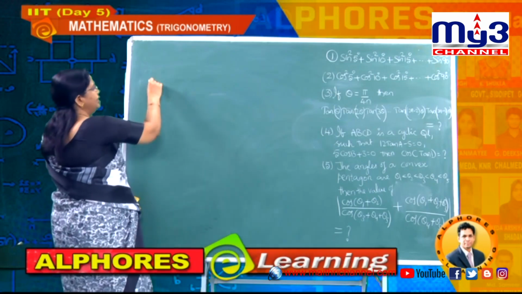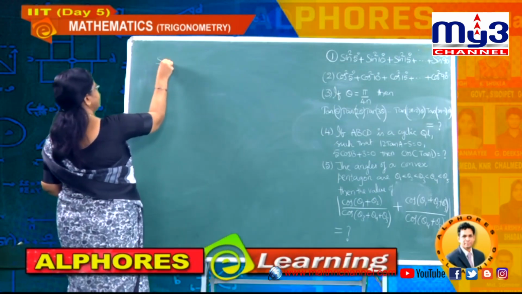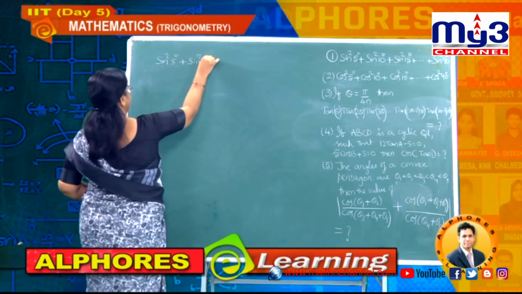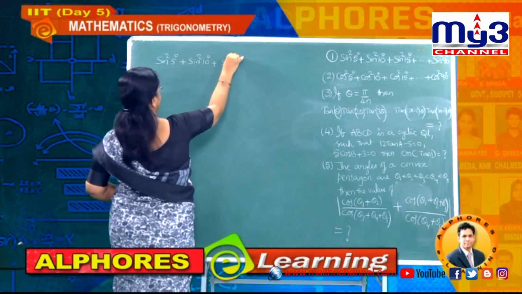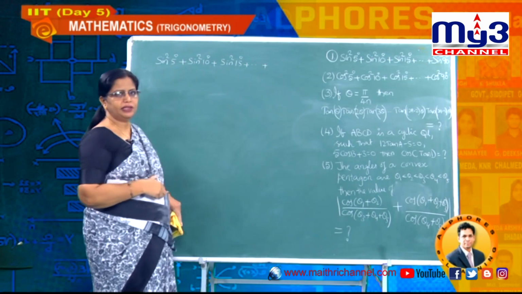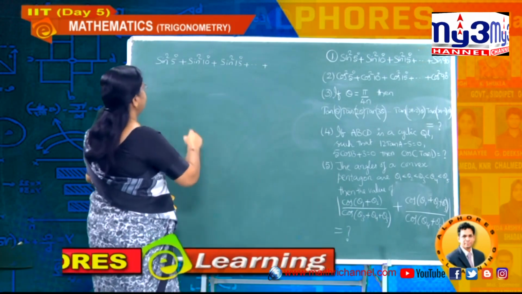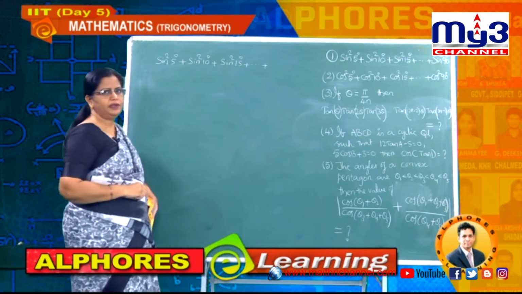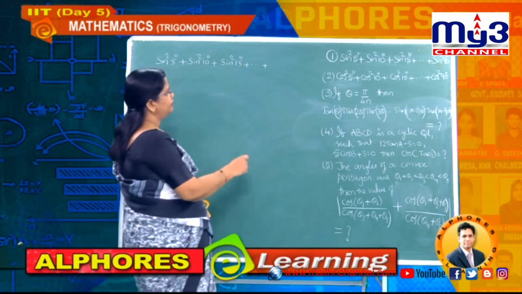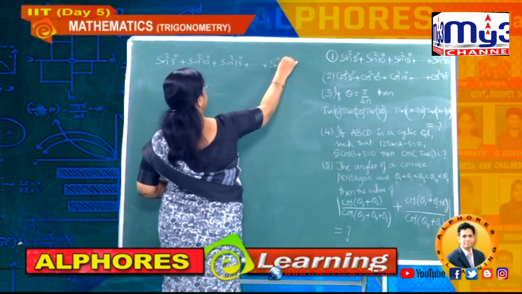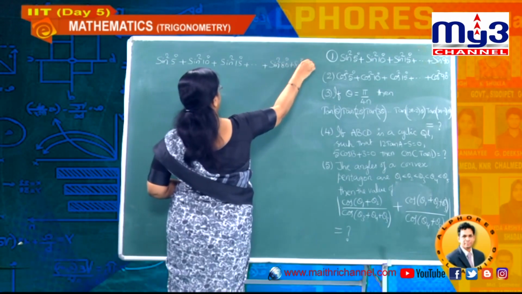Let us have a glance at this problem: sin square 5 degrees plus sin square 10 degrees plus sin square 15 degrees etc. I am writing the last 3 terms also. Here, what is the difference they are maintaining for each angle? 5 degrees. So now I am writing sin square 80 degrees and next sin square 85 degrees.